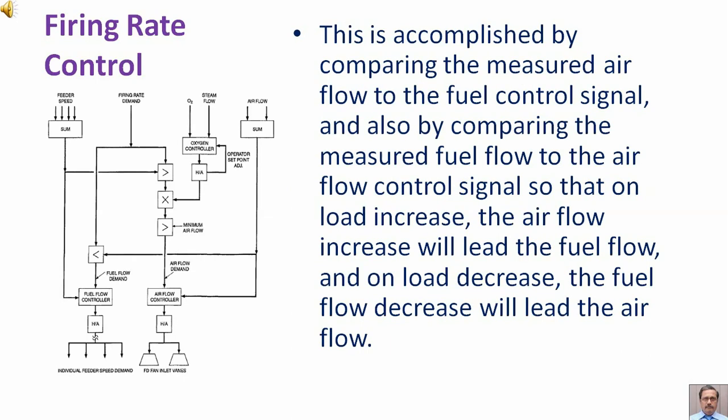This is accomplished by comparing the measured airflow to the fuel control signal, and also by comparing the measured fuel flow to the airflow control signal, so that on load increase, the airflow increase will lead the fuel flow, and on load decrease, the fuel flow decrease will lead the airflow.